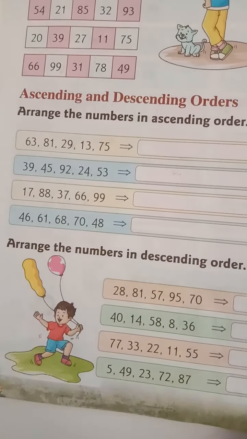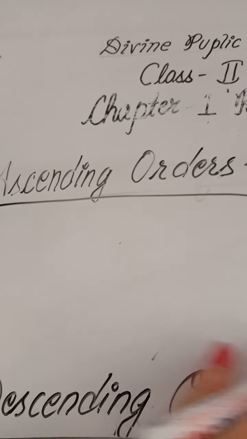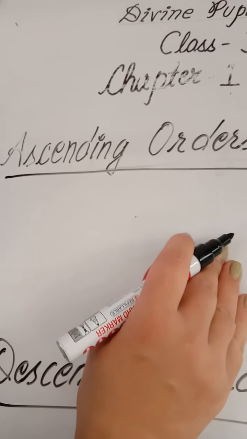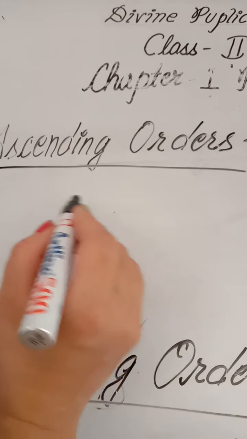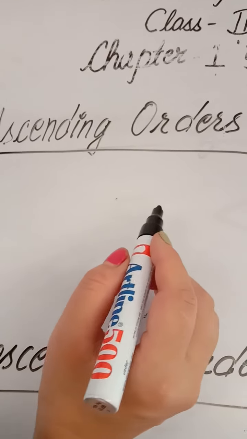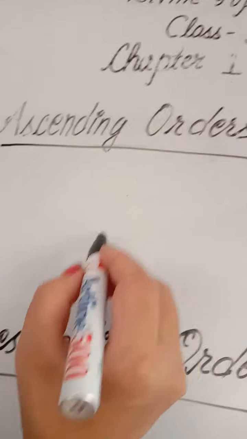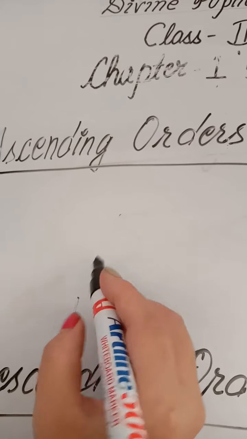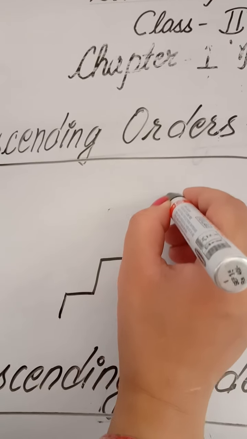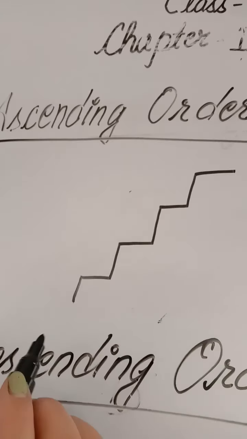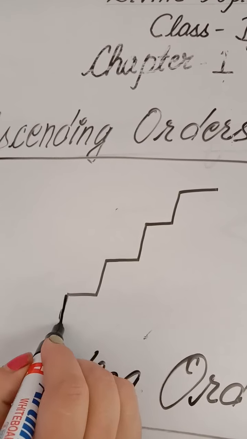Let's take an example. Okay, so look at here. Here are some examples of ascending orders and descending orders, okay, to make you understand what actually an ascending order is. Okay, look at here. Okay, this is a stair, okay.